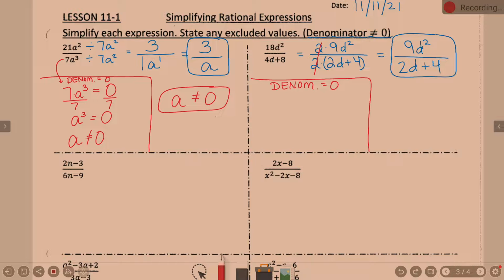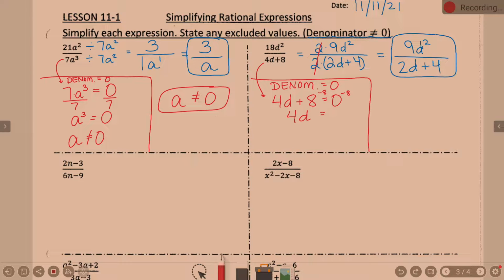So I'm going to take my denominator right here, set equal to 0. Okay, how do we solve 4d plus 8? First of all, subtract 8 from both sides. If it's plus 8, we're going to start by subtracting the 8. So then 4d remains.